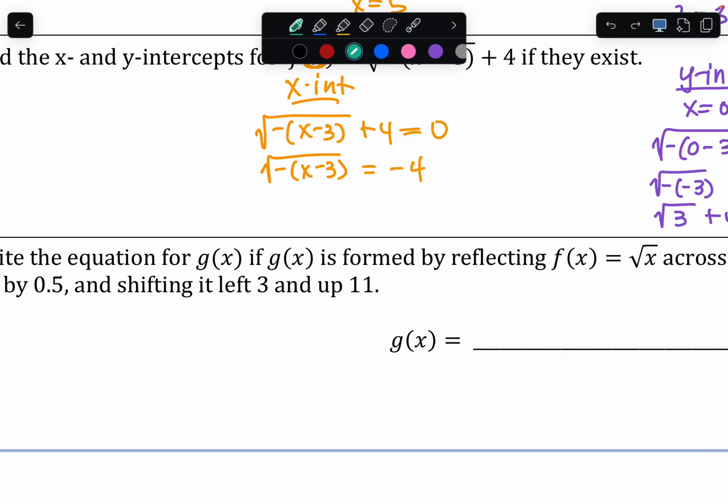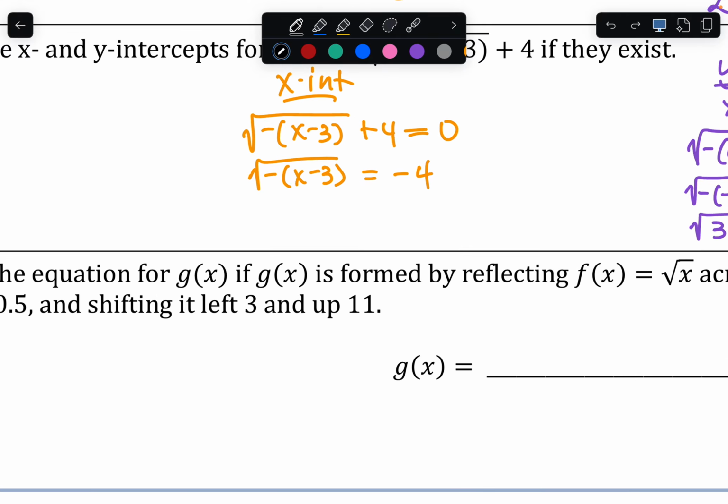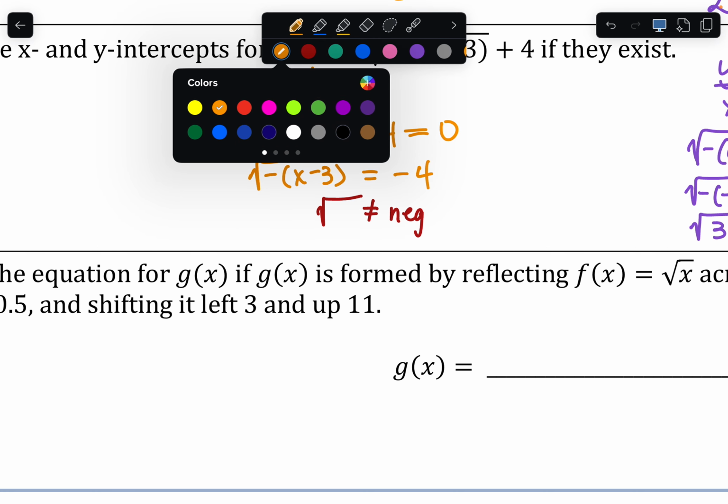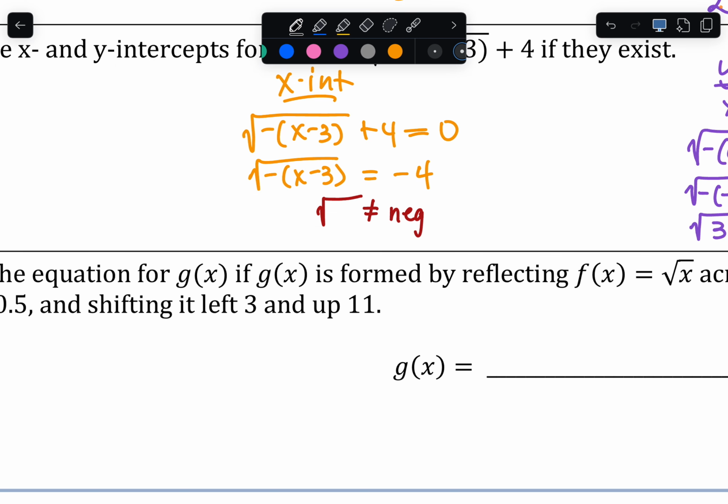Okay, and so you could square both sides, but you're not actually going to get a viable solution because this can't happen. You can't have square root equal to a negative number. We talked about how the range was greater than or equal to 0. And so square root cannot equal negative. And so this would be a case where we do not have an x-intercept. And so for the x-intercept, you would say none.